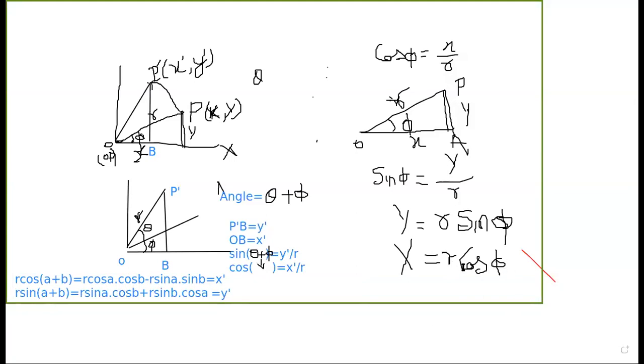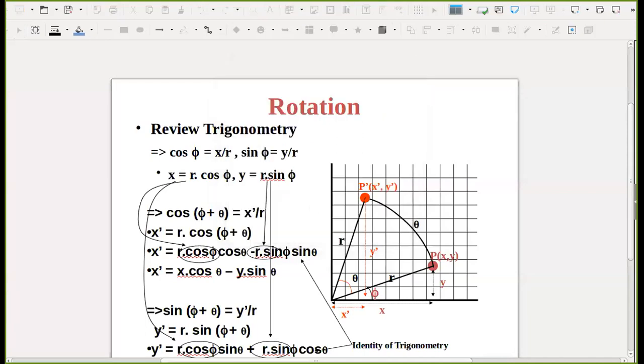So you can replace this r cos phi and r sin phi with x and y. So you will get the same as what we have discussed. Clear?